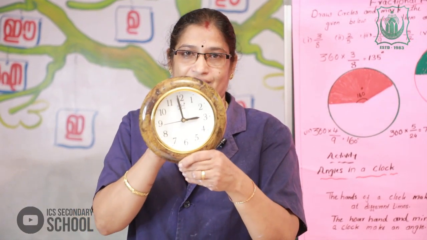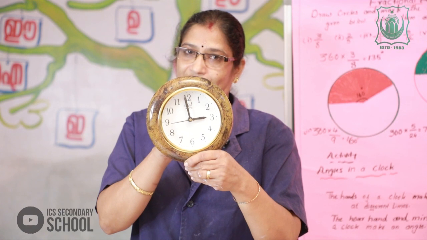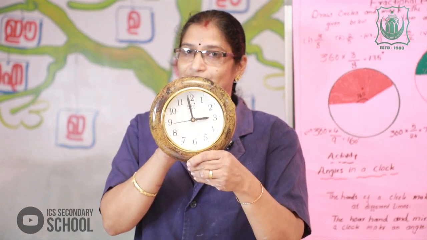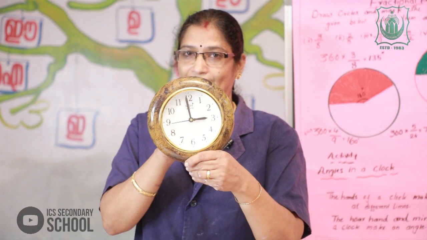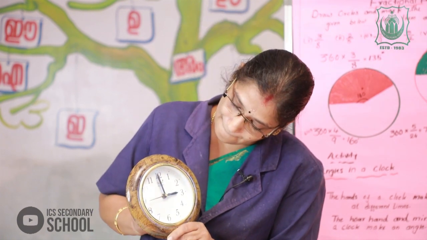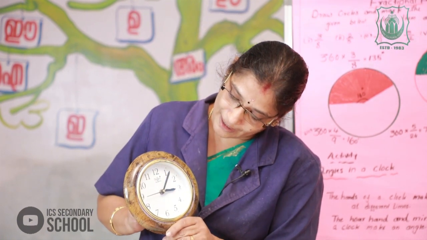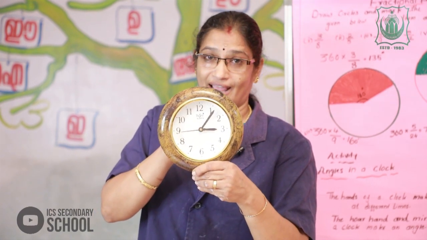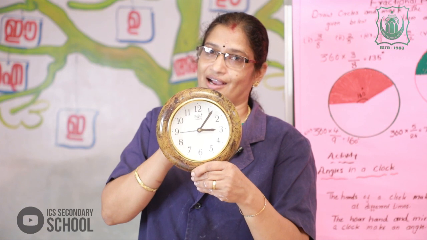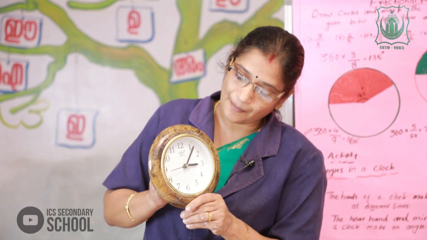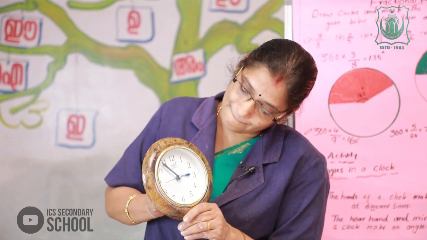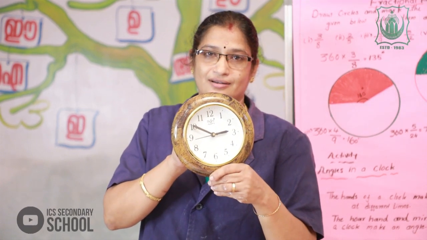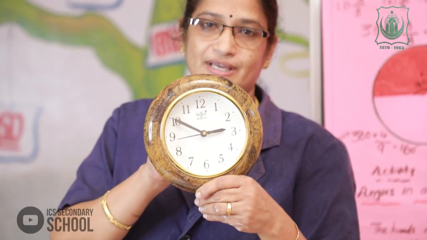This angle is 90 degrees. It is a right angle. And then we get an acute angle, less than 90 degrees. And it is an obtuse angle.